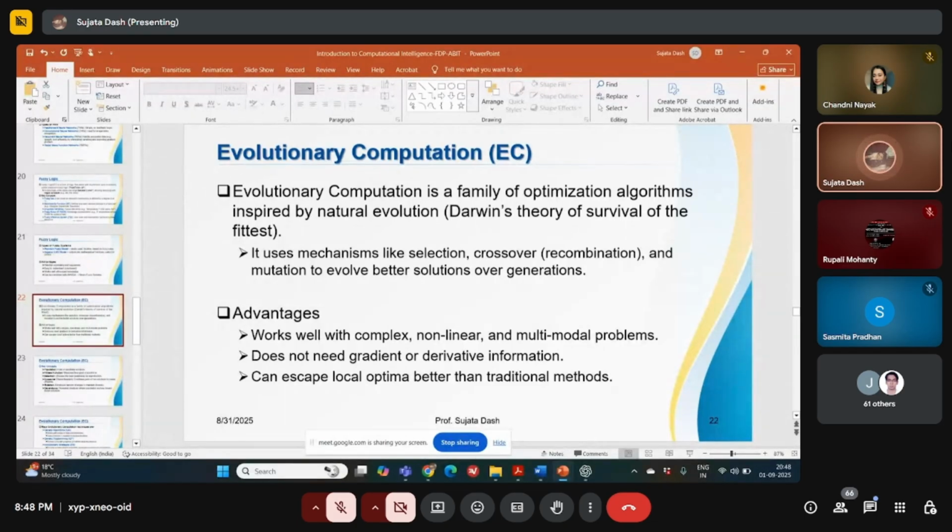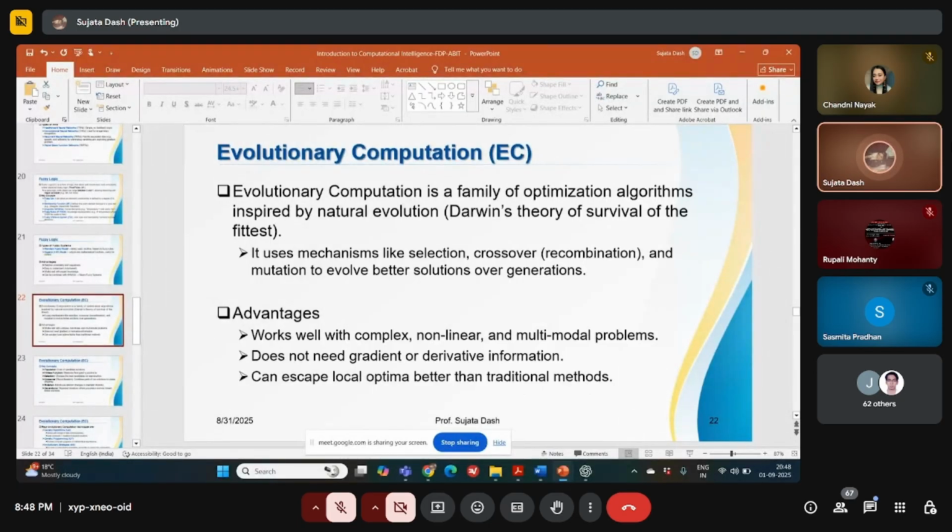And it doesn't need gradient information. So, no need to get gradient or derivative information. Unlike traditional optimization, evolutionary computation does not require derivatives. That is one of the most important advantages of using evolutionary computation.